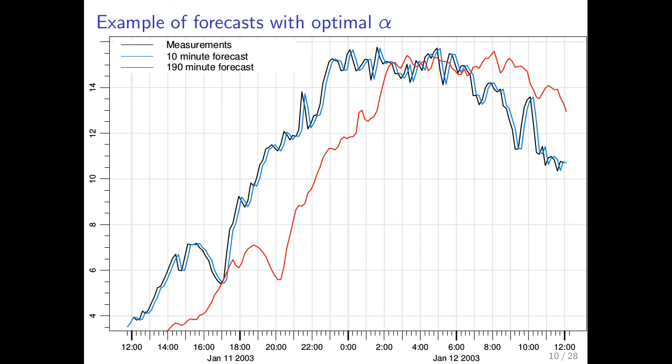So when you look at some point in time, say at this point, I predict the previous observation. In reality, it dropped. But I made a good prediction for the 10-minute prediction.